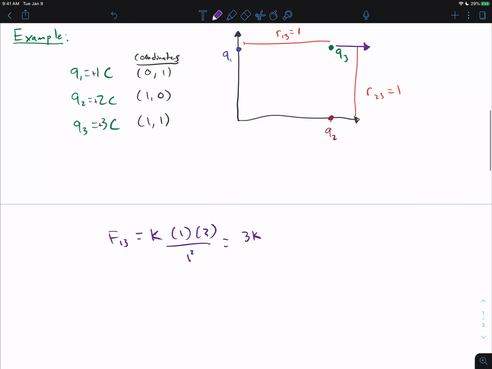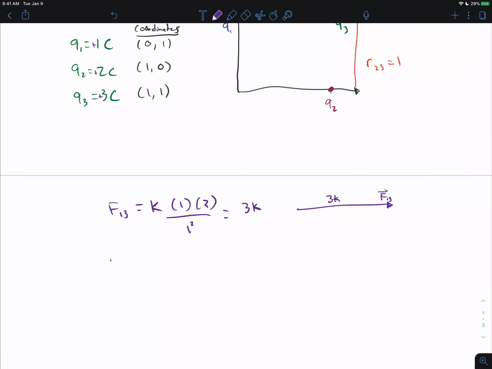I can draw it just for now like this, 3K. This is my force between 1 and 3.